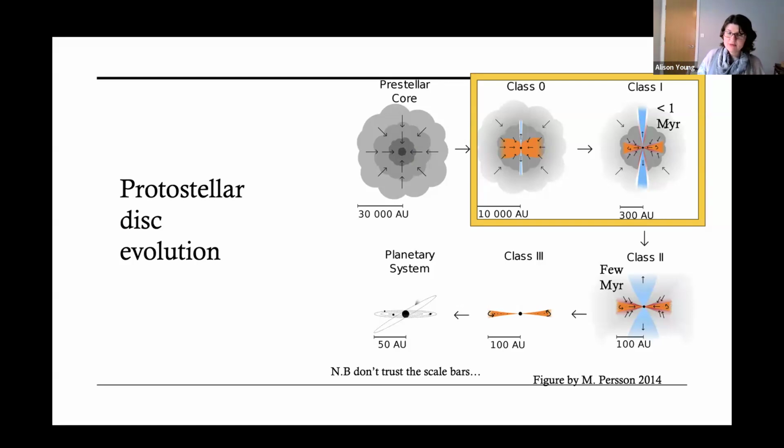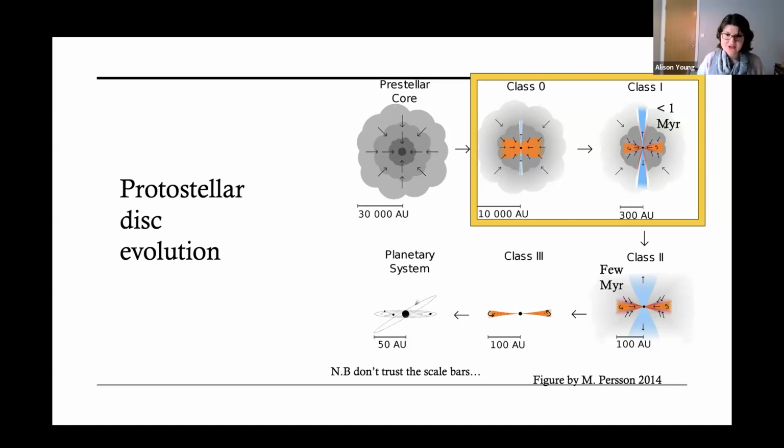Now, just a few years ago, we weren't even sure that there were disks in this earliest class zero phase. The name class zero tells us what's true in that the class zero phase wasn't discovered till after the class one phase, that the stellar core formed earlier, and we had this earlier stage where this disk was beginning to form. We now know we do have disks in the class zero phase, and they're very deeply embedded, which is why they're hard to detect.